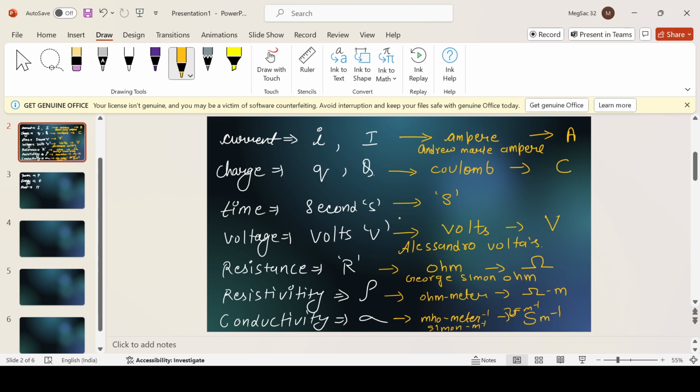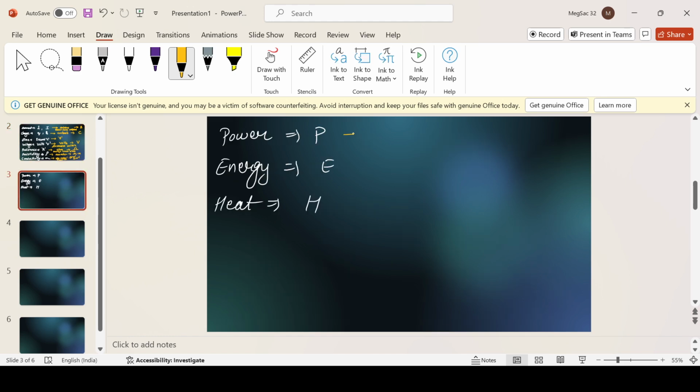Siemens and mho, both are same. Got it, everyone? Ashrita, yes. Nitish, yes, sir. Nipun, not joined? Sir, I joined.